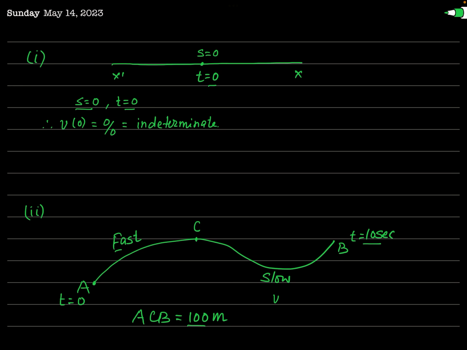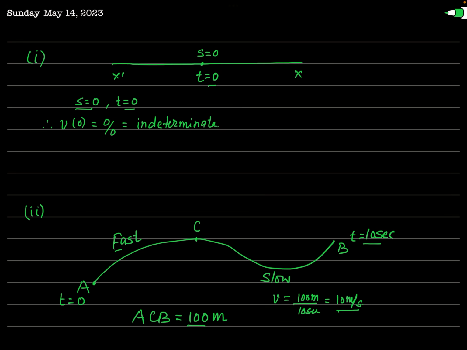So if you find the speed of the particle from that definition, that will be simply 100 meter divided by 10 seconds. And what will be this? This will be 10 meter per second. So this result shows that the particle moves from point A to B always with speed 10 meter per second.